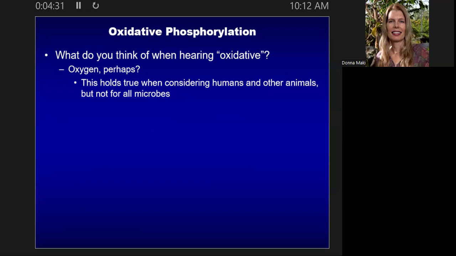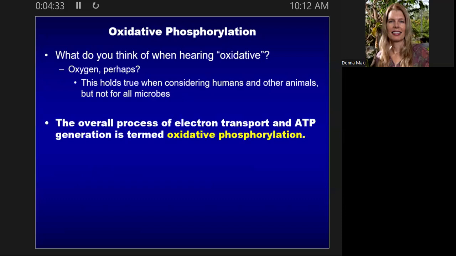We're learning about microbes. They do their own version of an electron transport chain process. It's not in a mitochondria, but they have a similar idea going on, and they use that to make ATP.